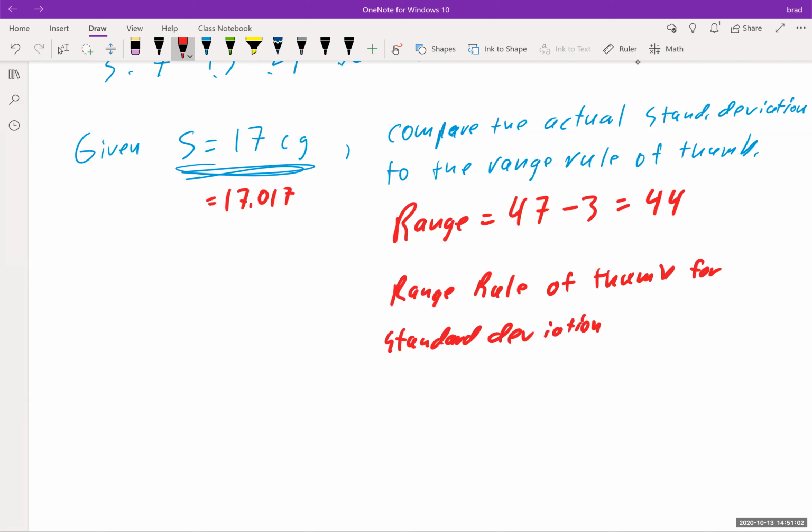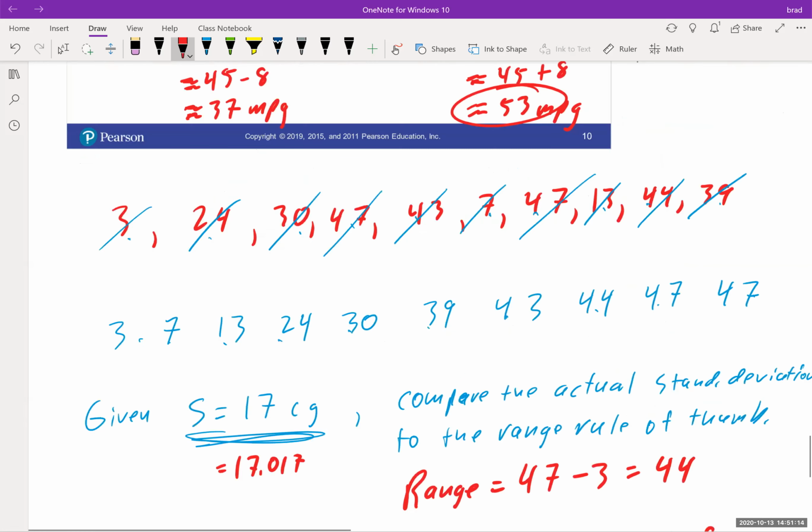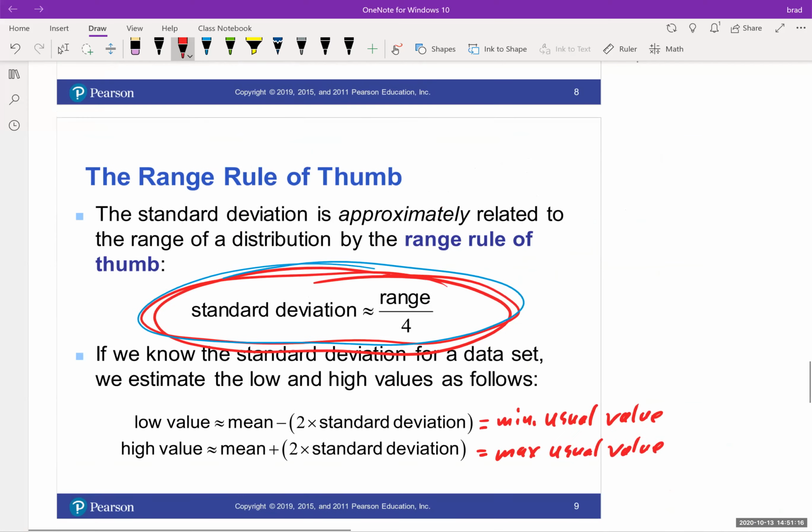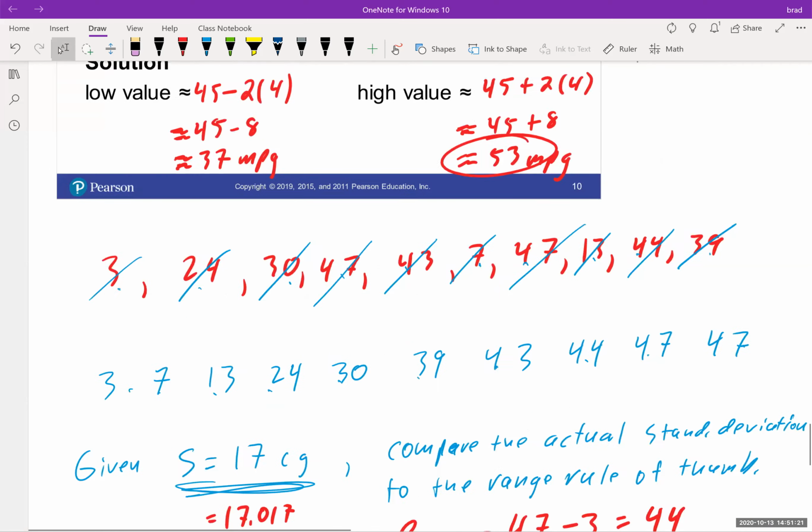The range rule of thumb for standard deviation says that you take the range, 44, and you divide it by 4. So we would get approximately 11. So according to the range rule of thumb, you take the range and you divide it by 4, and that's supposed to give you the standard deviation.